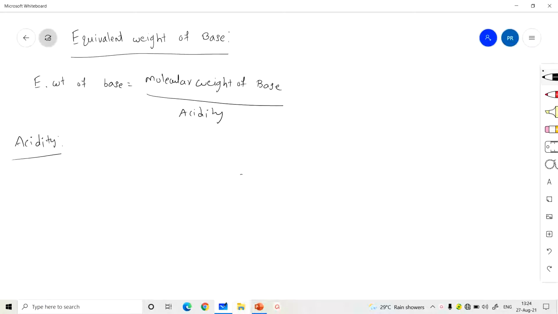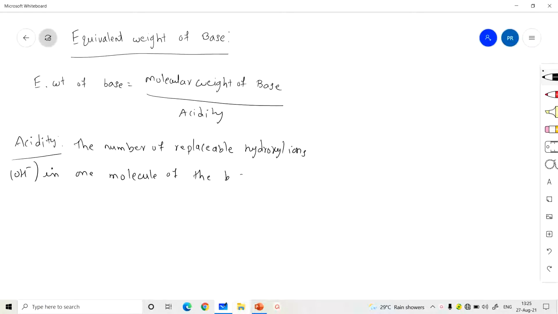Now come to the acidity. It is defined as the number of replaceable hydroxyl ions, OH minus, in one molecule of the base by anion, and that is called its acidity.